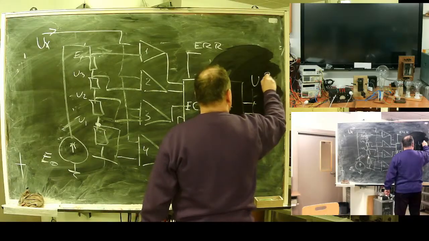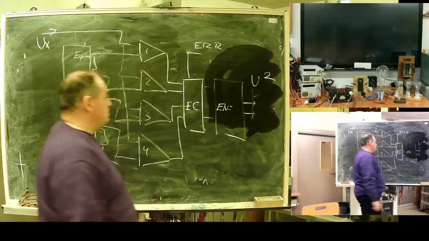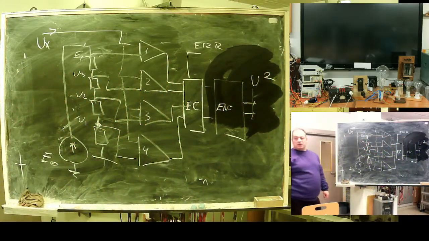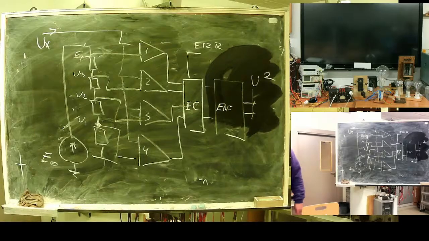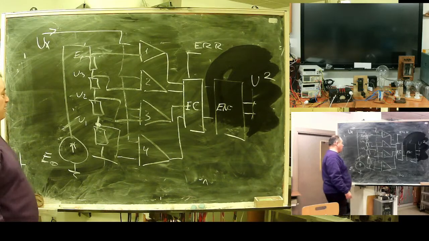I can mark it. It will be in binary system. Output is voltage weighted in binary system, and encoder will convert this into binary system. It's so-called flash or instant ADC. Simple array of comparators. Checking which level.